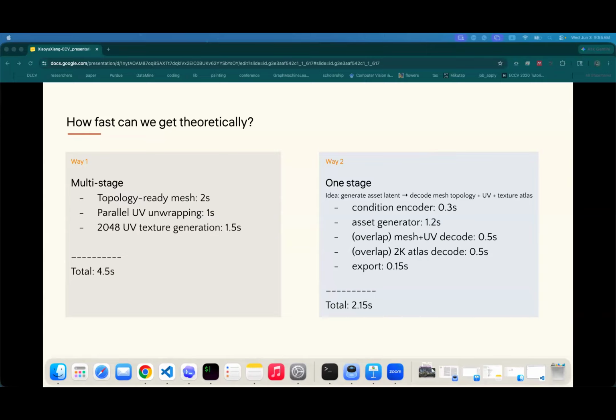A more aggressive direction is one-stage asset generation: generate an asset latent, then decode mesh topology, UVs, and texture atlas together. In that scenario, the theoretical latency could be close to 2 seconds. So far, such an all-in-one network doesn't exist yet, and all the numbers are speculated from the end format needed for the engine-ready asset.